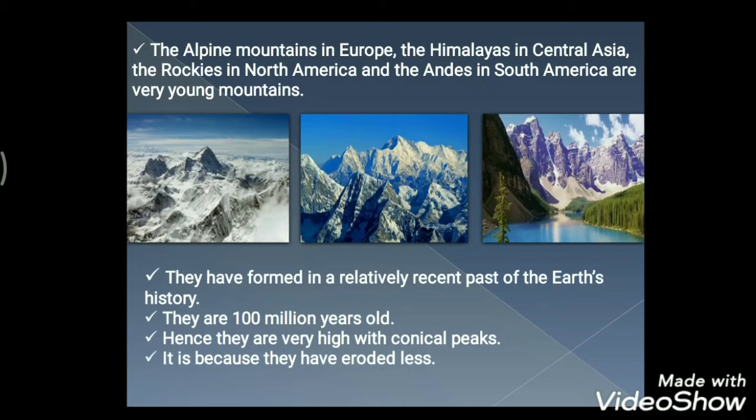Hence they are very high and have conical peaks. Why do they have these conical peaks? It is because they have not been eroded. They have eroded less, or you can say they have not been worn down by the denuding agents.